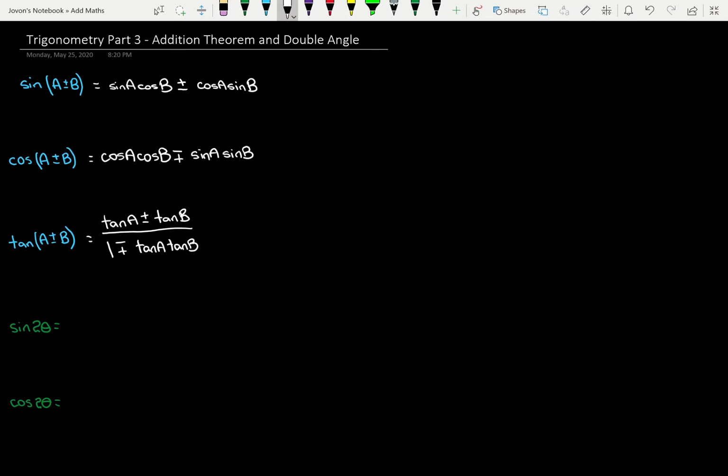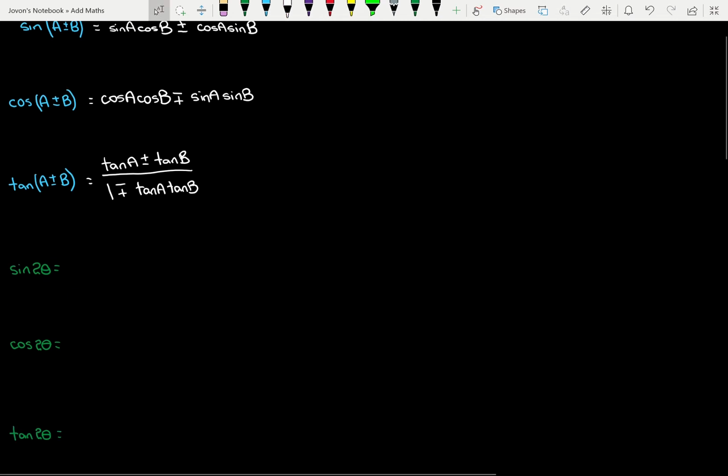Okay, so the next thing we're going to do now is the double angle formulas, those three on top of the addition theorem. So how do you get the double angle formulas? It's pretty simple. You don't even have to memorize it. Sine 2 theta is the same as writing sine (theta plus theta), because theta plus theta is 2 theta.